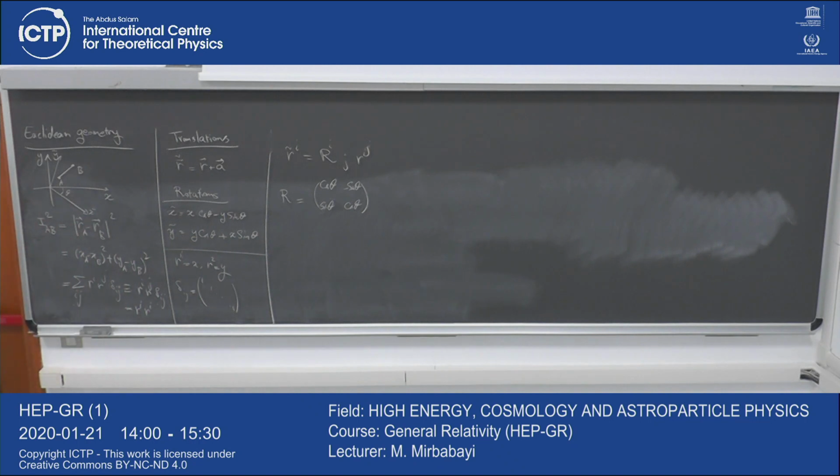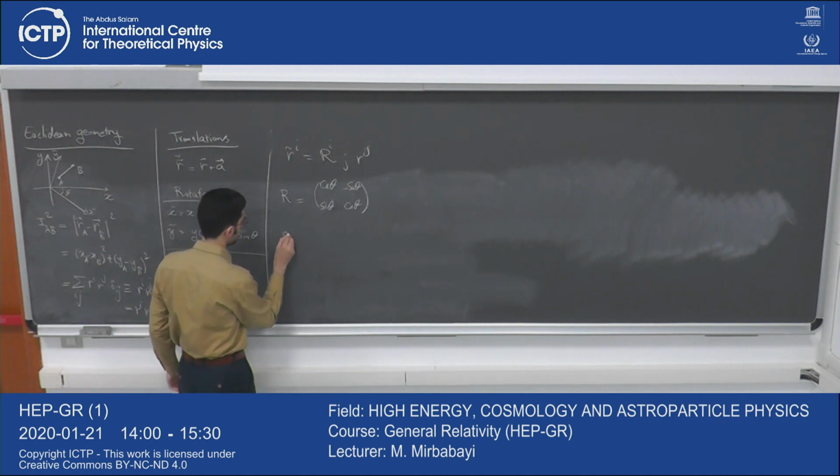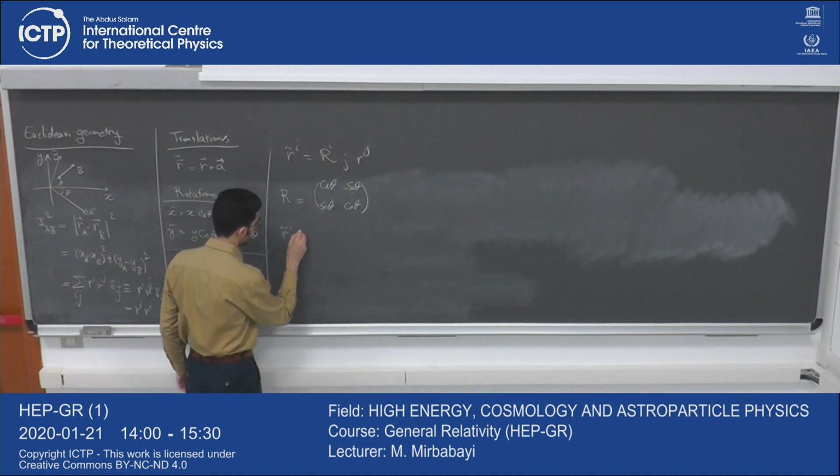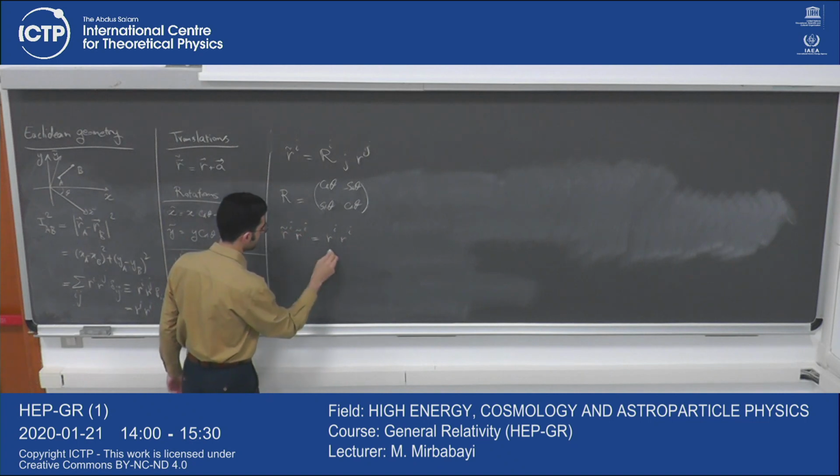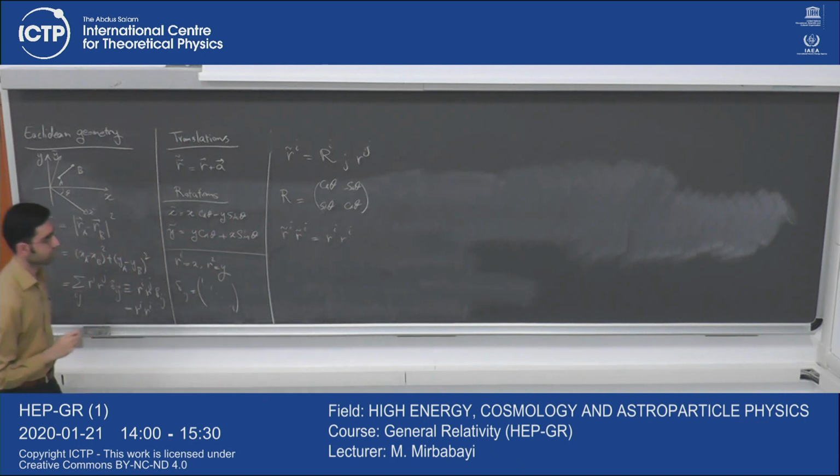Now, the fact that we want these rotations to preserve our Euclidean norm means that R tilde_i R tilde_i has to be the same as R_i R_i. Remember, there is a summation over i on both sides.